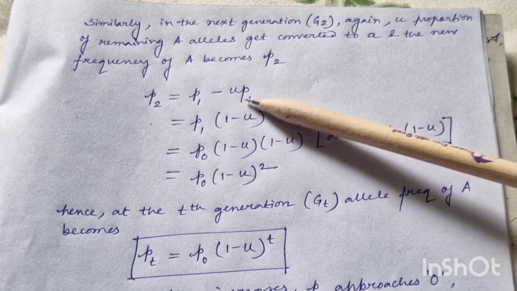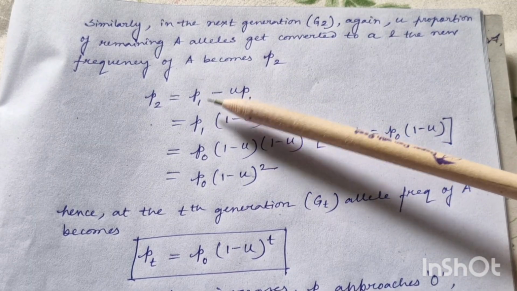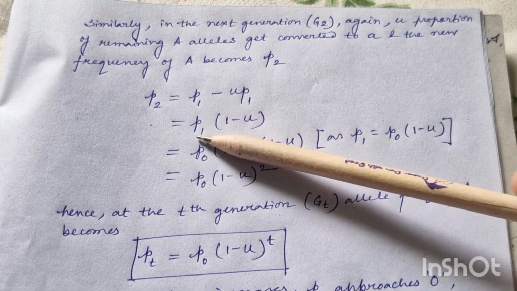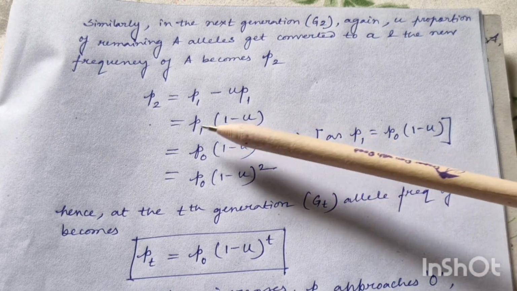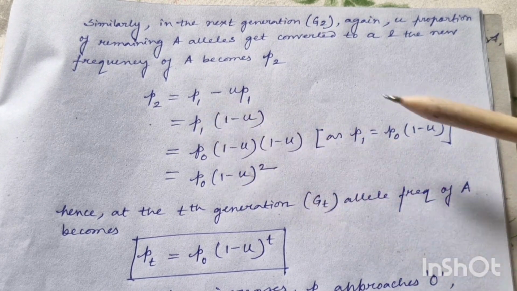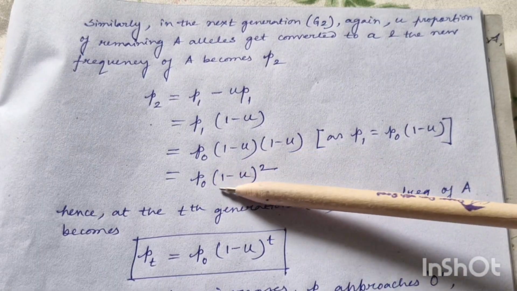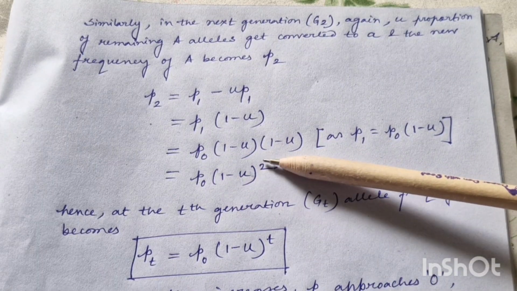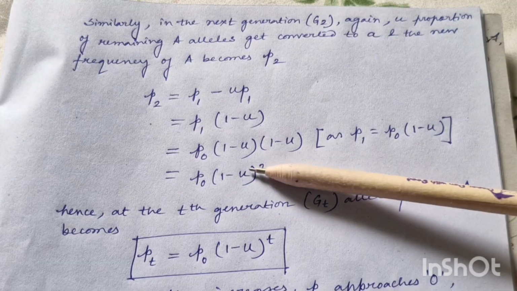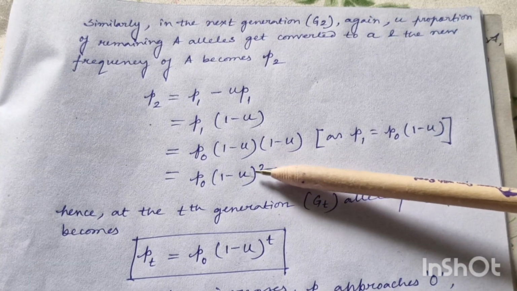That is why UP1 is getting subtracted from P1. Okay, hence the formula becomes P1 into 1 minus U. Now we can replace P1 with P0 into 1 minus U, and hence the formula becomes P0 into 1 minus U square. So we can see here the generation time is getting at the power.